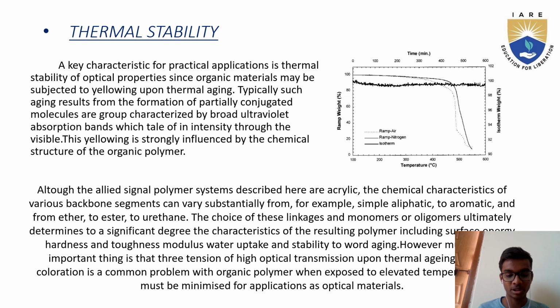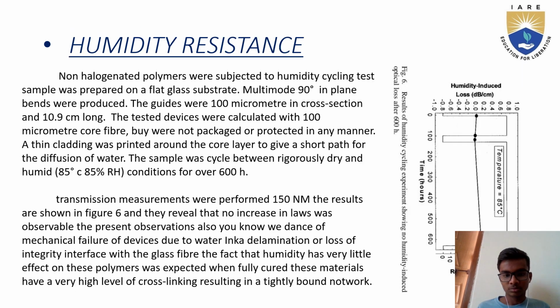However, a much more important thing is the retention of high optical transmission upon thermal aging. Thermal coloration is a common problem with organic polymers when exposed to elevated temperatures and must be minimized for applications as optical materials.